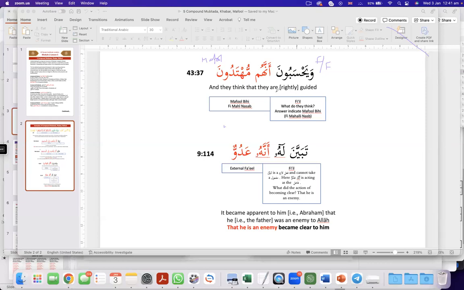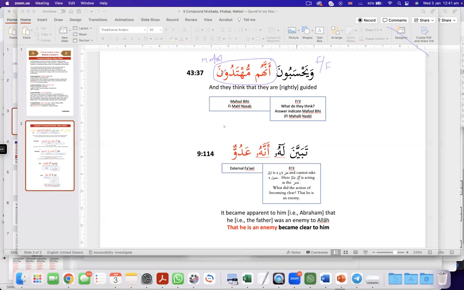The whole thing is maf'ul bihi. Annahum muhtadun is the maf'ul: that they are guided ones.